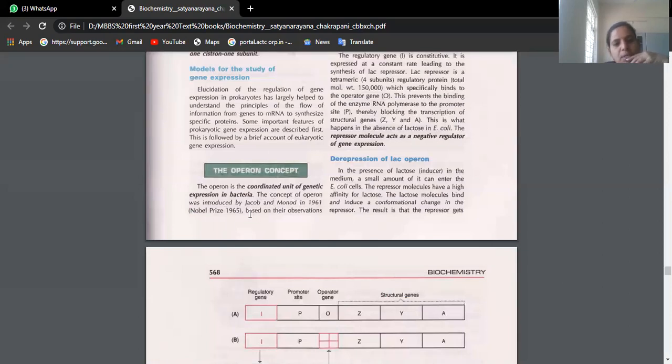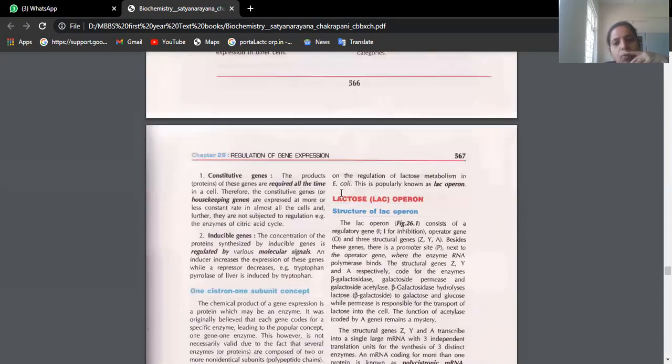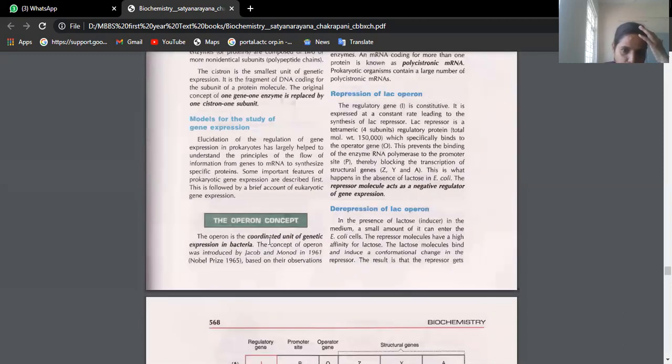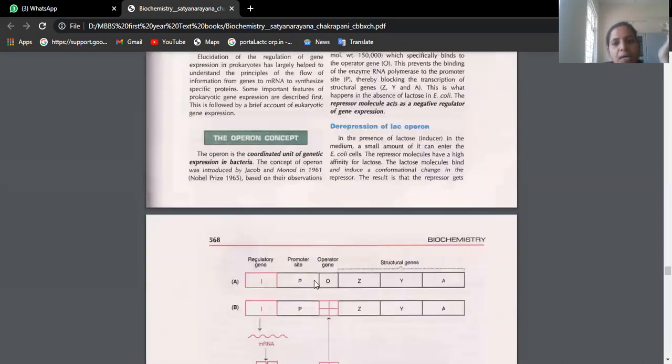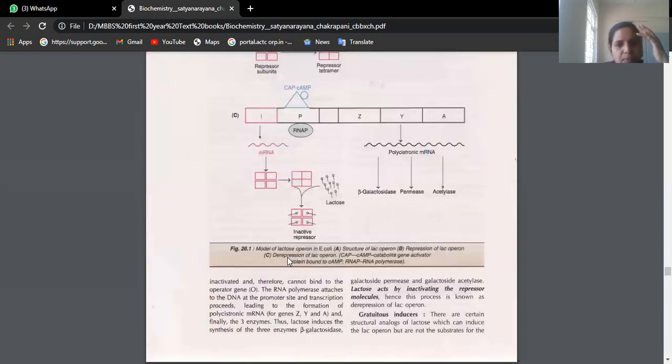This concept was given by Jacob and Monod in 1961, based on their observation in E. coli, and it is popularly known as lac operon. So we are studying a coordinated unit of genetic expression in bacteria. These are the various genes which are present. Beta, he asked us to study this figure 26.1.